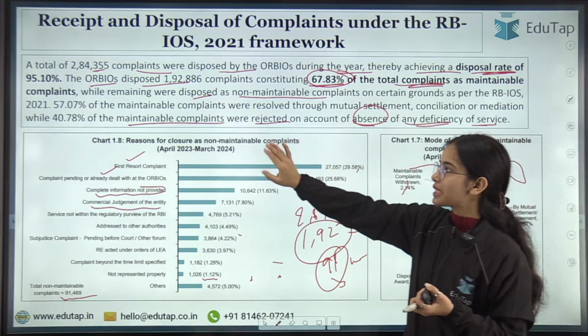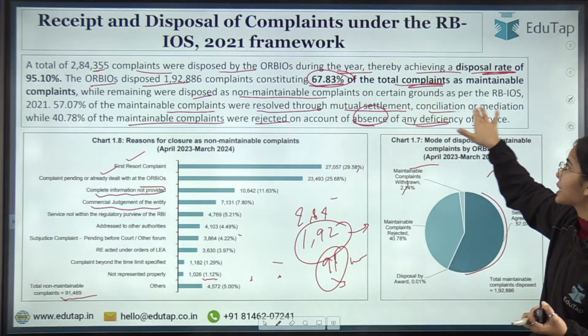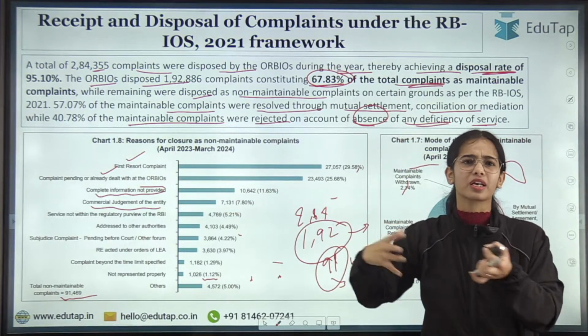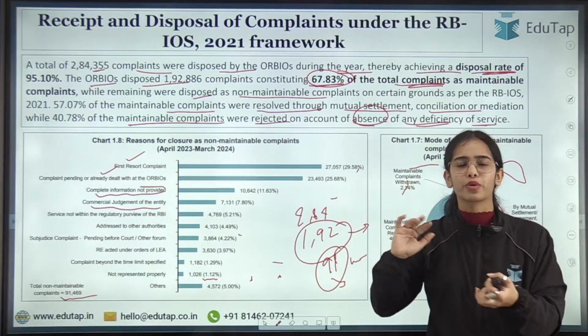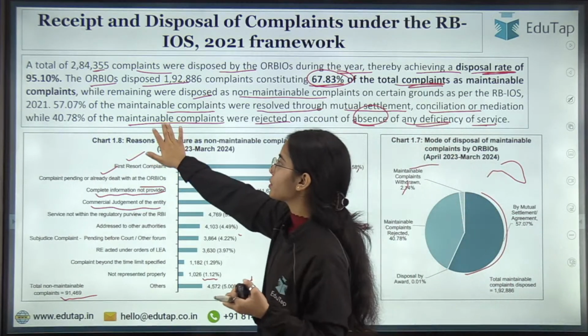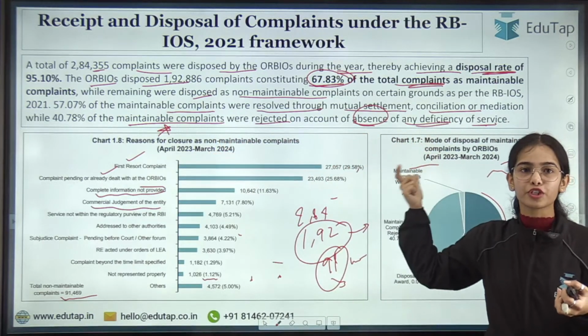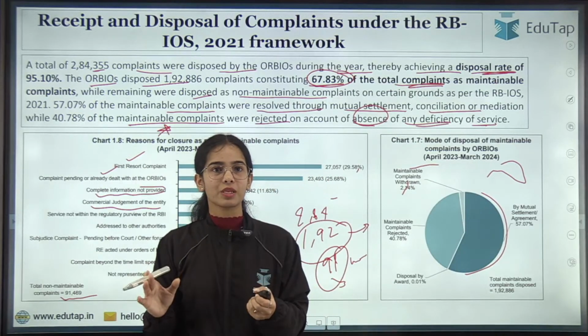So 57.7% of maintainable complaints were resolved through mutual settlement, conciliation or mediation between the customer and the bank, where the bank will provide you the service now and you don't have to worry about it, while 40% or 41% were rejected because deficiency of service was not found. So this is the idea. I hope this is very much clear.